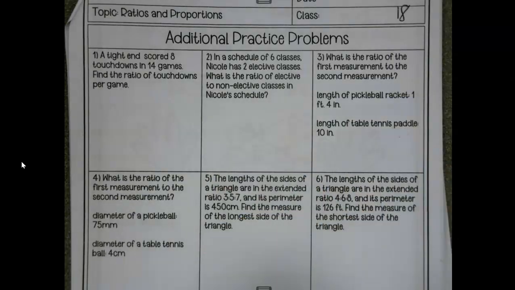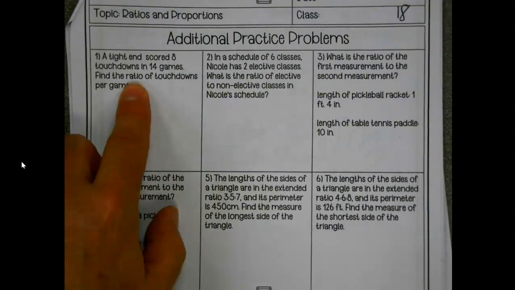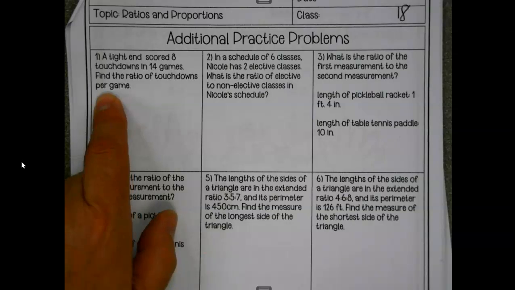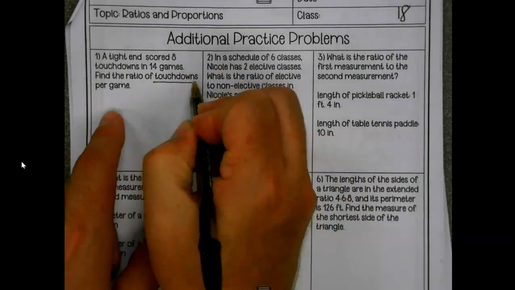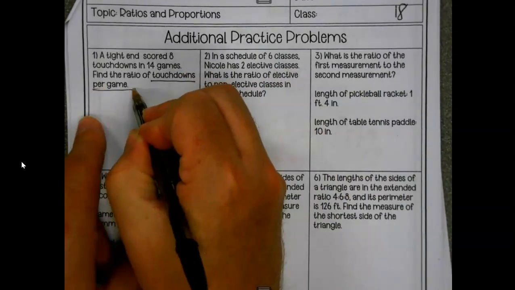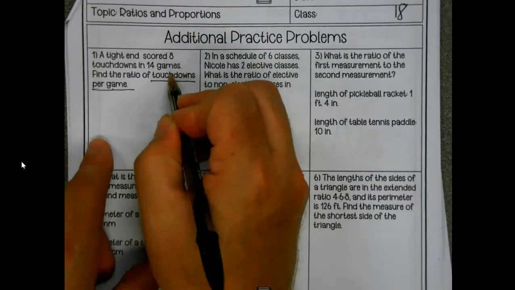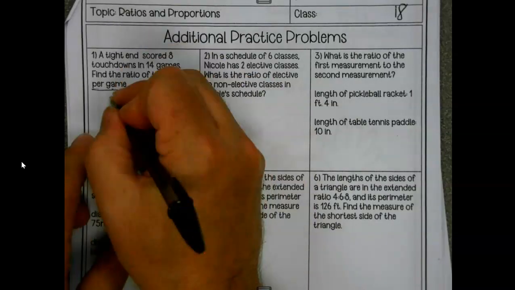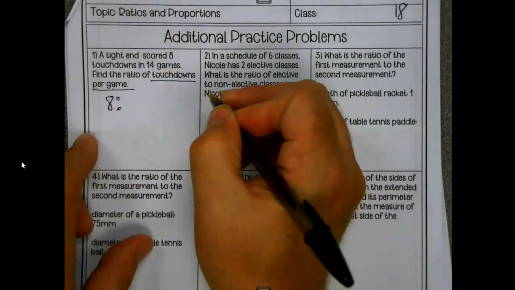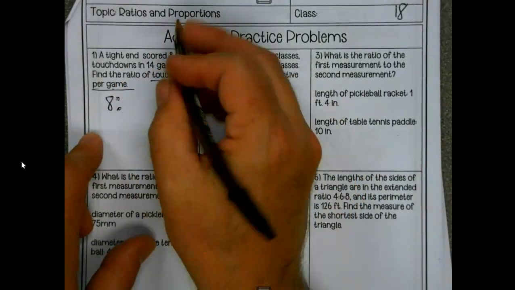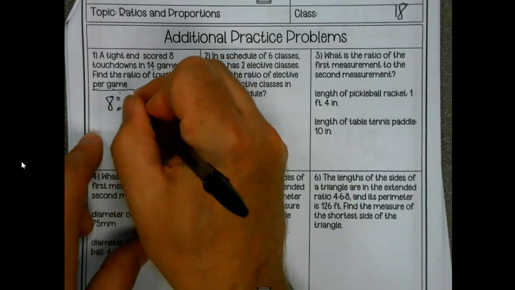So a tight end scored 8 touchdowns in 14 games. Find the ratio. So we're not doing a proportion. It's one fraction of touchdowns per game. So this is telling us the order of our ratio or our fraction. Then we're putting the touchdowns first, and we're putting the games second.